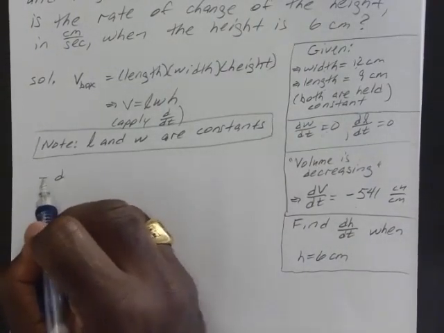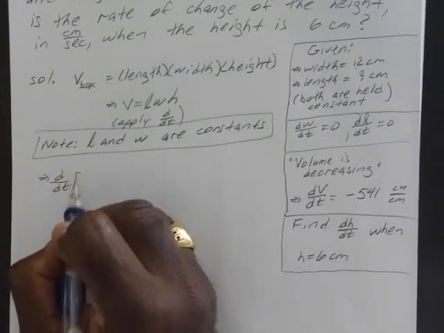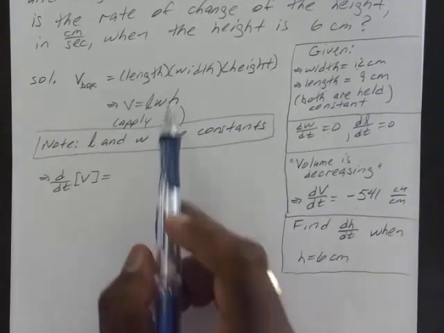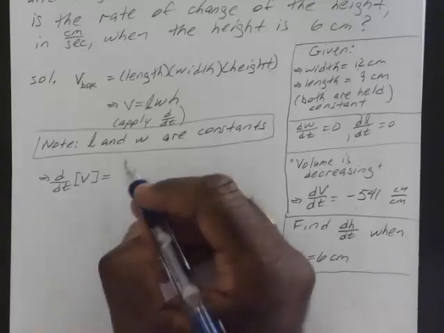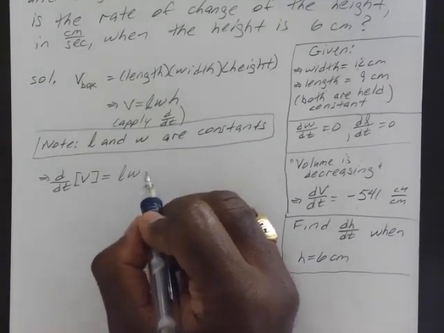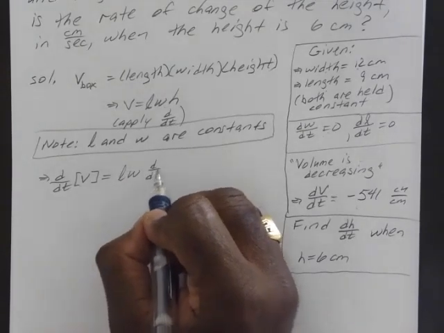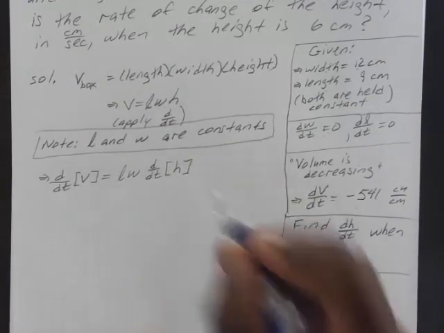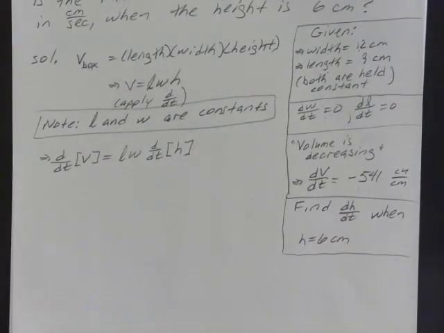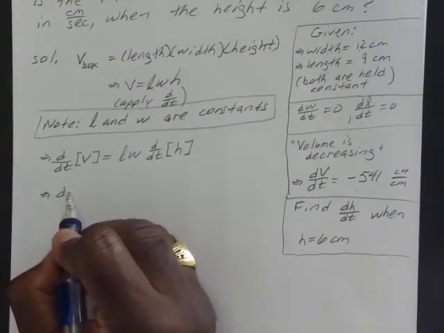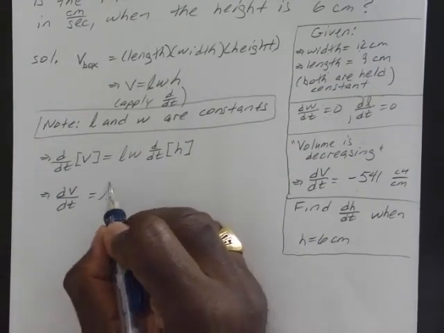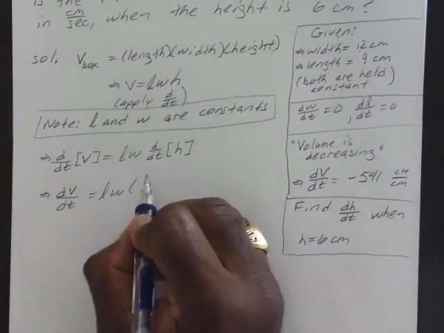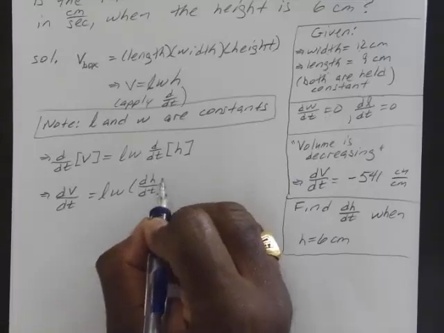So the rate of change with respect to time of the volume is equal to, since these are held constant, we could just factor those out like we could any constant. So it's the length times the width times the rate of change with respect to t of the height. Which means the rate of change of the volume with respect to time equals the length times the width times the rate of change of the height with respect to time.